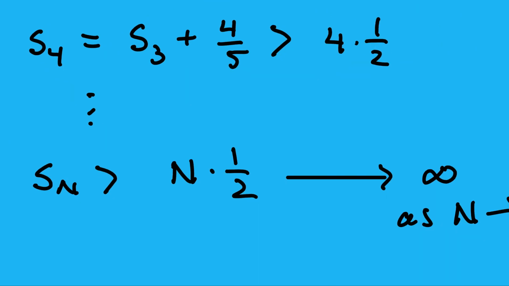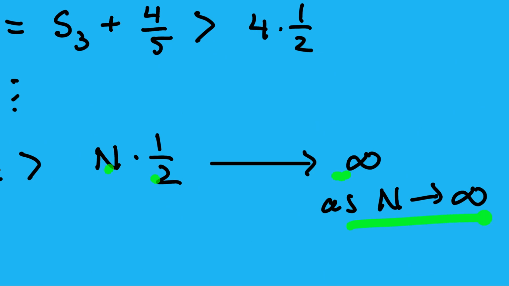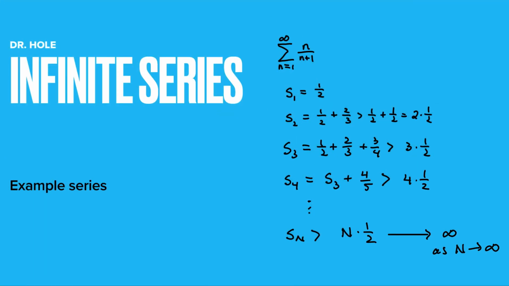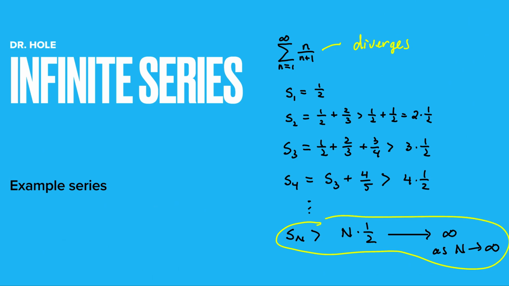And n over 2 will go out to infinity if n is going out to infinity. What was this all for the purpose of? To show that this series diverges as the sequence of partial sums diverges.